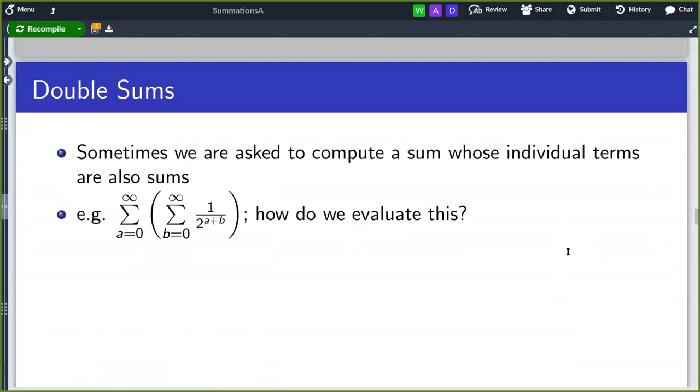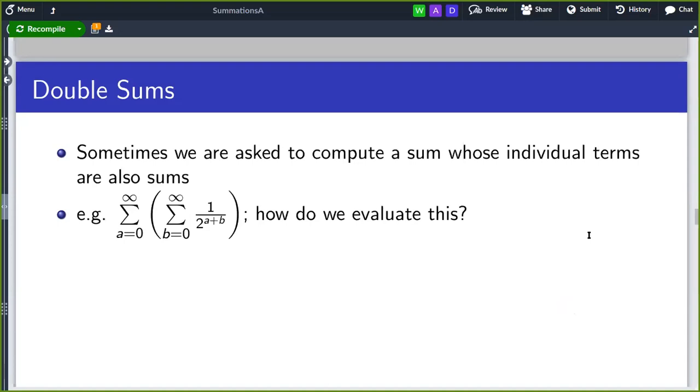So how would we evaluate this expression? With double sums, what this tells us to do is to first evaluate the inside sum, and then sum over all possible values of a outside.